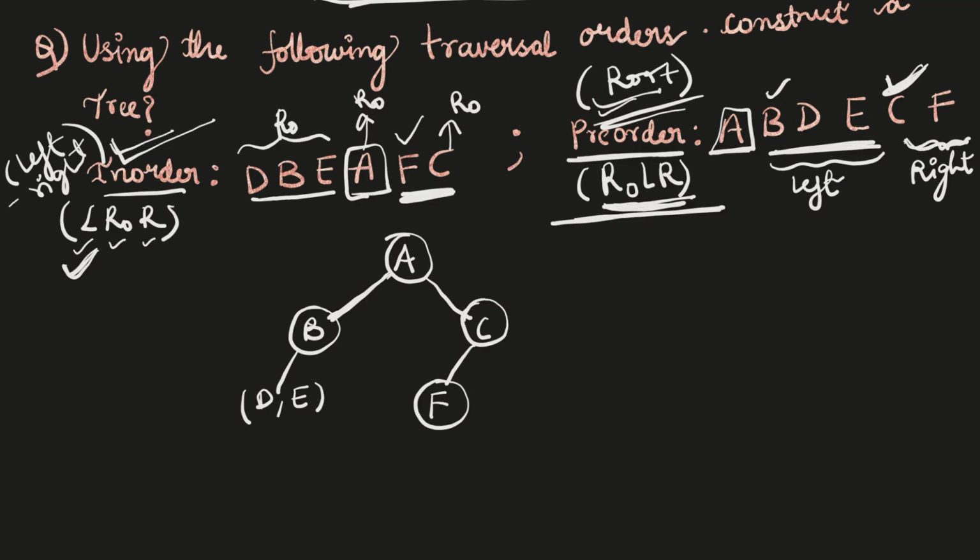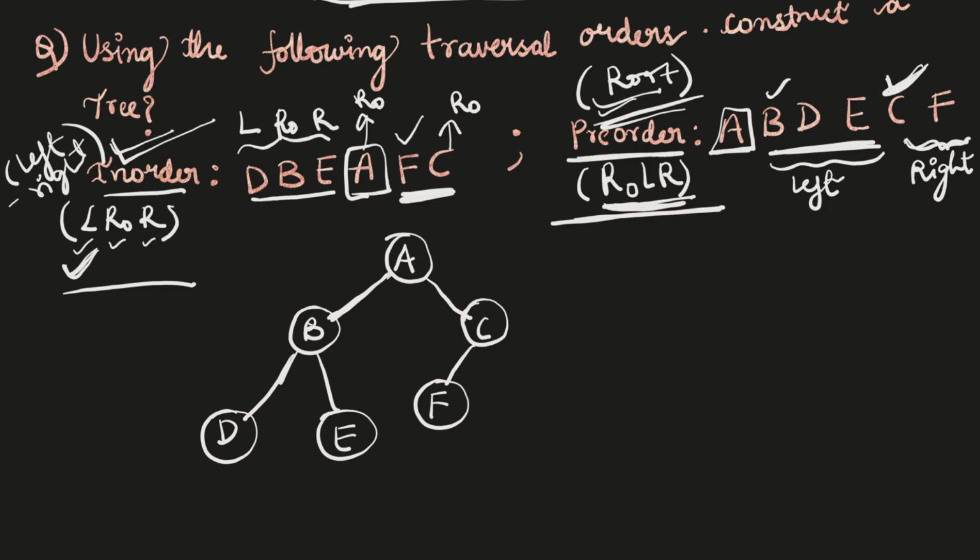We have marked it. So how the in order traverses left, root and right. So this part would be the left and this part would be the right. So now if we mark the diagram, then the left part would be D and the right part would be E. Okay, is it clear?